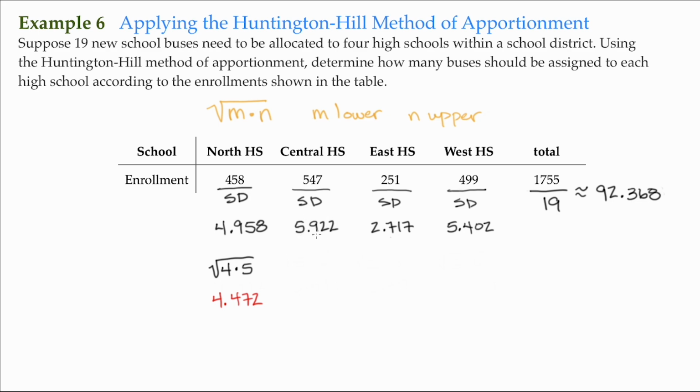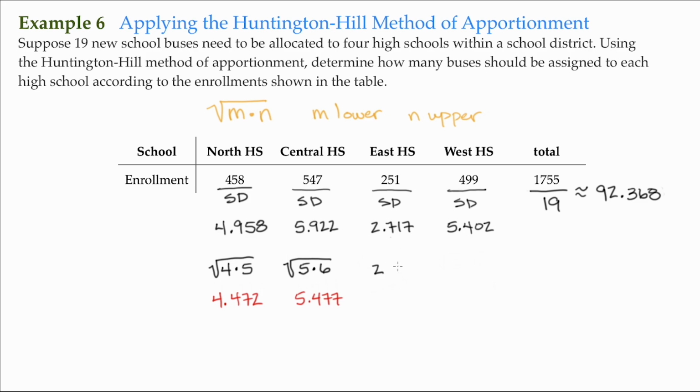For our standard quota here, the lower bound is 5. The upper bound is 6. We multiply the 2 together. 5 times 6 is 30. The square root of 30, and that's around 5.477. And we do that for each subgroup. Our lower bound here would be 2.